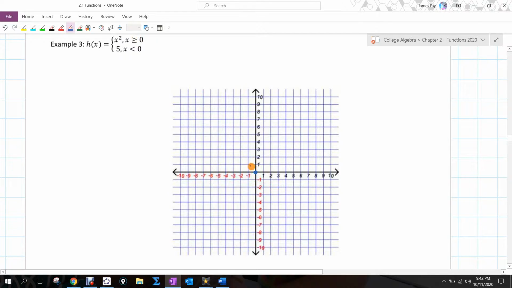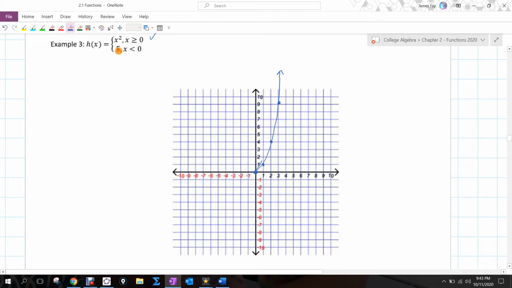Now I'm only going to try numbers to the right of 0. I'm only interested in (1, 1), (2, 4), (3, 9), and try to smooth curve that. And that is that top one.